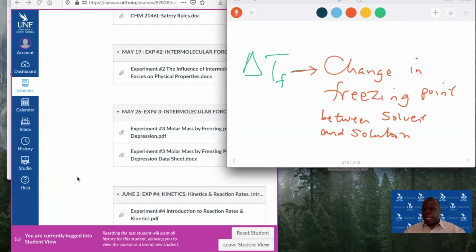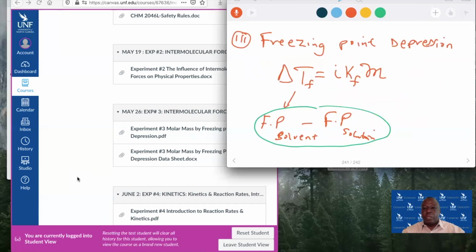So if you know the left side of the equation, we will need to rearrange the equation to find the molar mass.